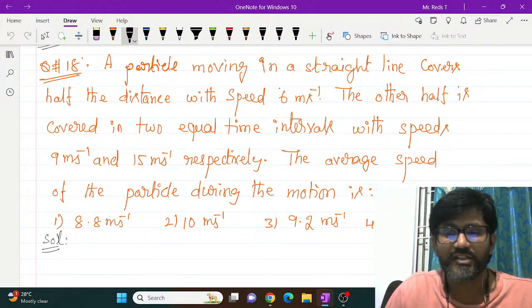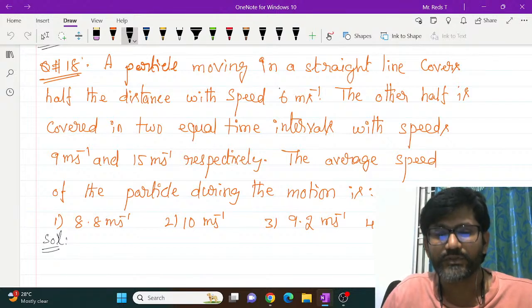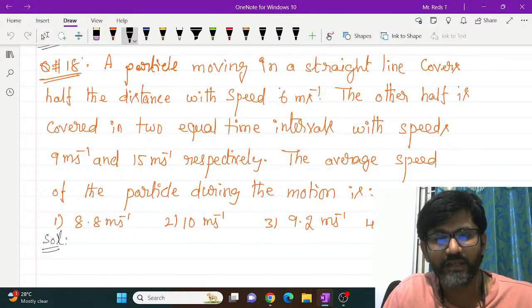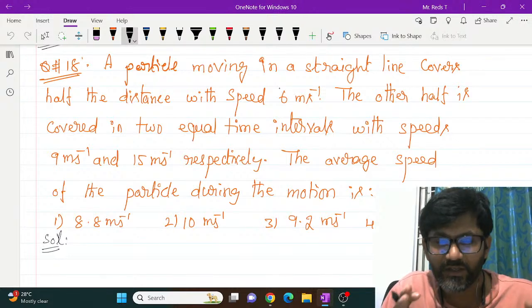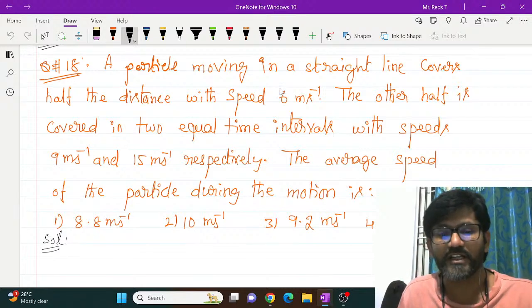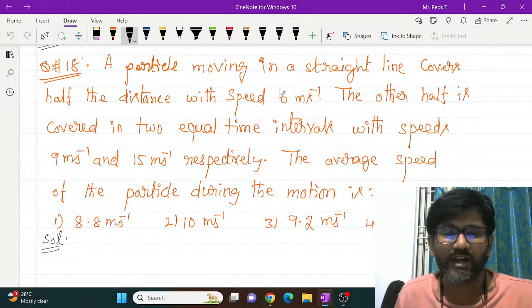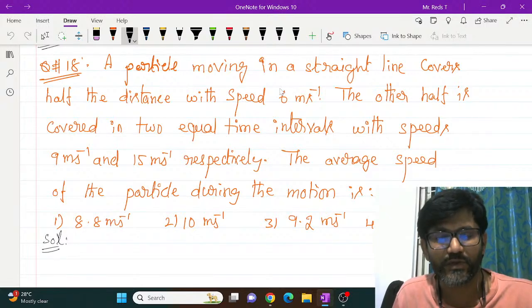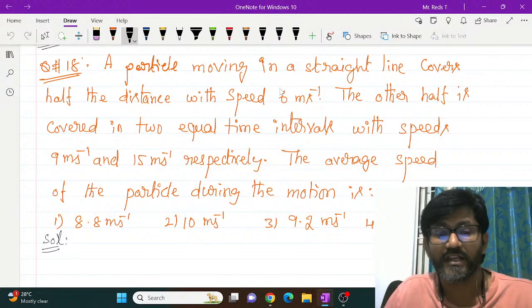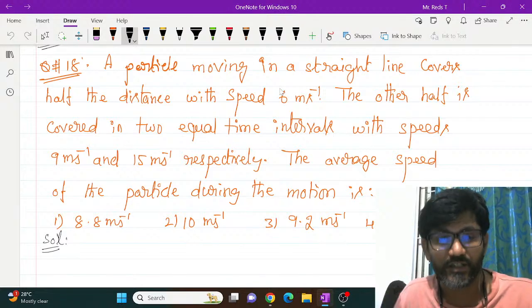The average speed of the particle during the motion is? Many of those going through this got some idea just by looking at the question itself. For average speed calculation, you have to recollect the special cases which you went through during the discussion of average speed in the motion in a straight line chapter.